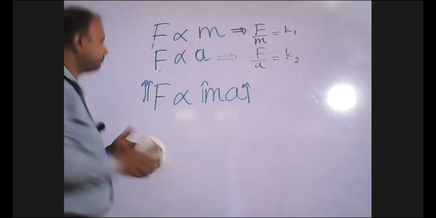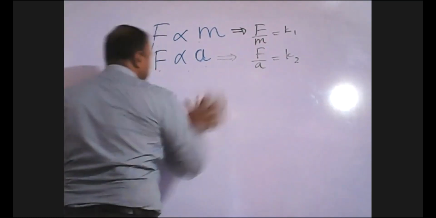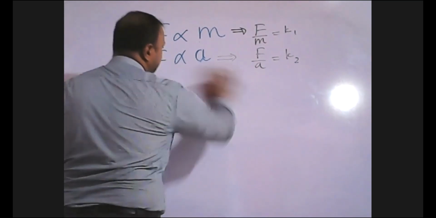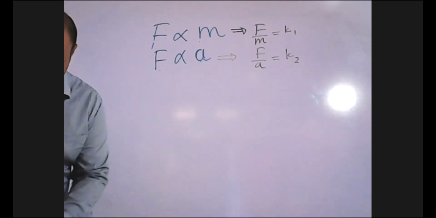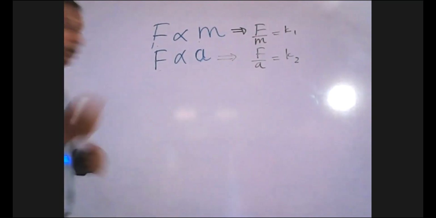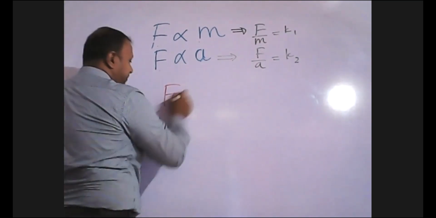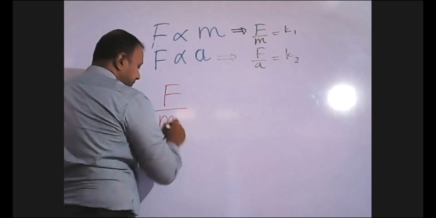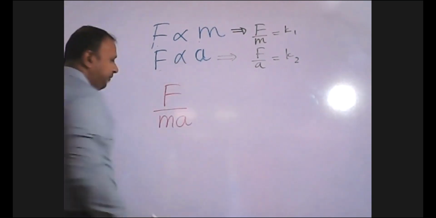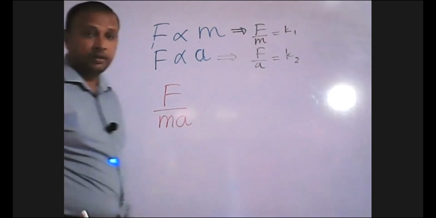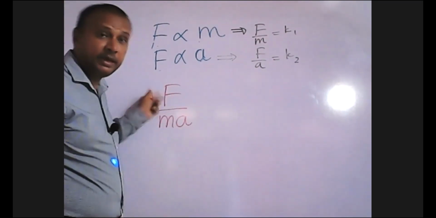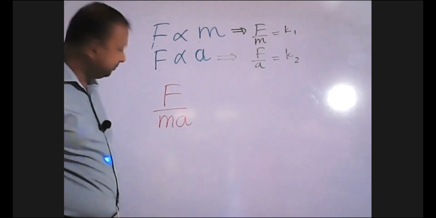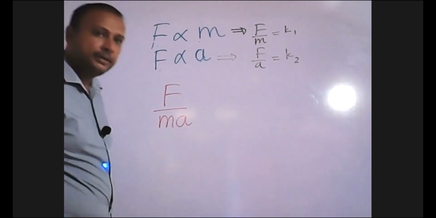Okay. Look at this one. Now I can take F over MA. I can write this ratio. Suppose A is a constant.